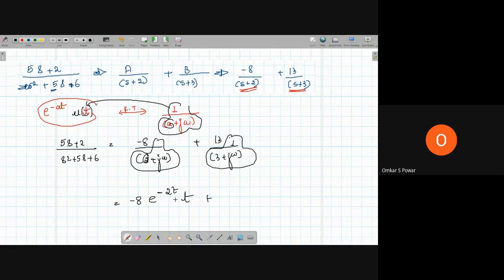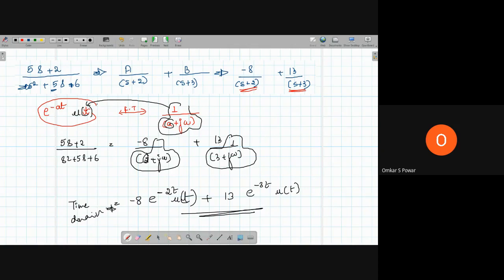So e power minus at u of t has Fourier transform 1 by a plus j omega. So minus 8 e power minus 2t into u of t plus 13 into e power minus 3t u of t. So this is your corresponding time domain signal.